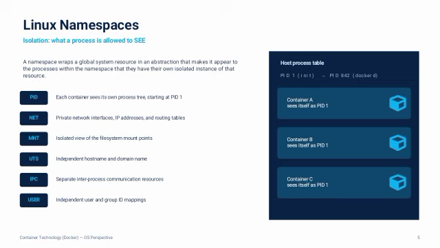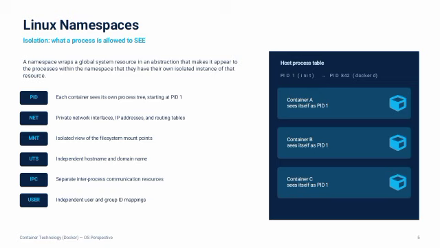Docker uses six main types. PID namespace, so each container sees its own process tree starting from PID 1. Net namespace, giving private network interfaces and IPs. Mnt namespace for an isolated file system view. UTS namespace for an independent hostname.